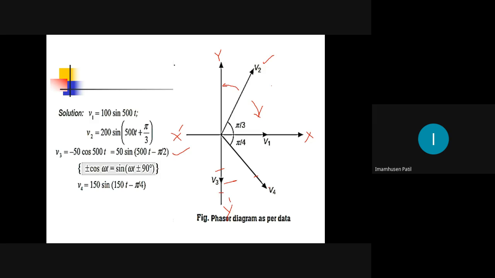Now V4 is here. If you resolve it into the vertical component, tell me V4. Roll number 17.